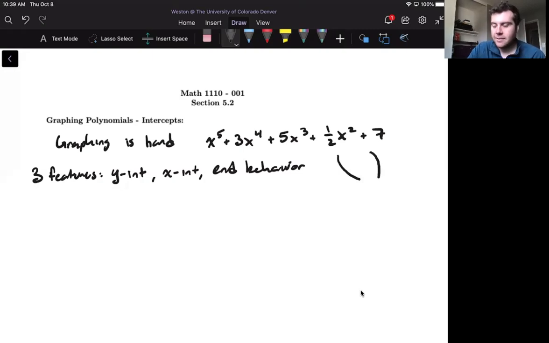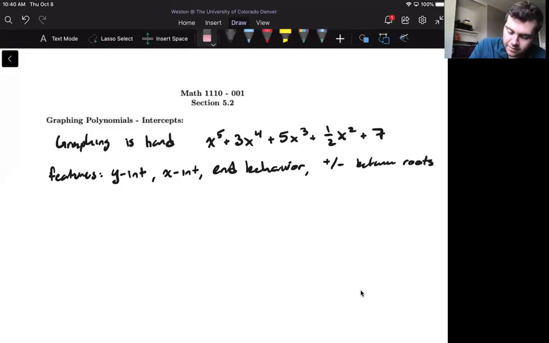So calculus gives a foundation to figure out local extrema and concavity. For algebra, we're going to be concerned with y-intercepts, x-intercepts, and end behavior. And then I guess if it's positive or negative between the roots. So maybe in a sense, that's 4 features.